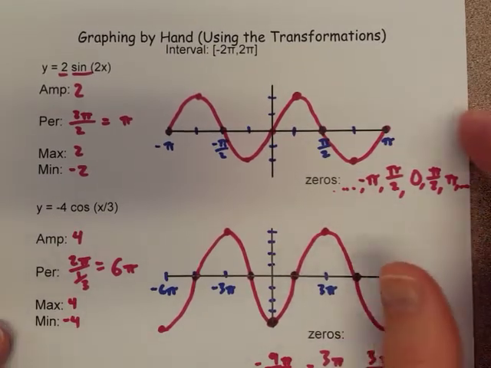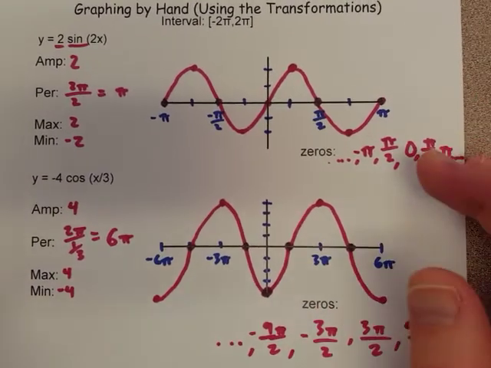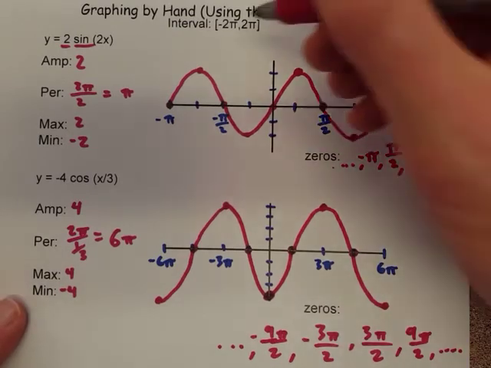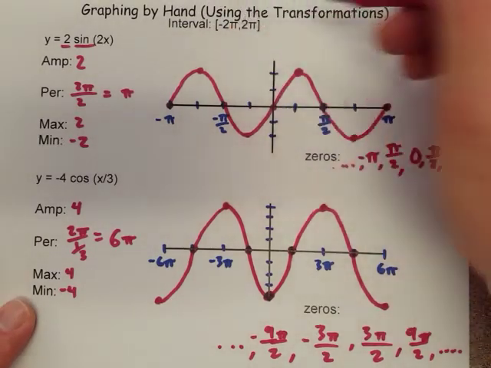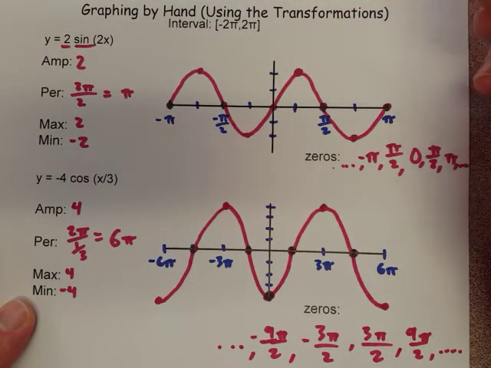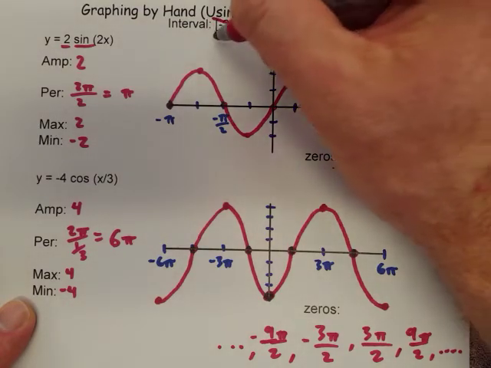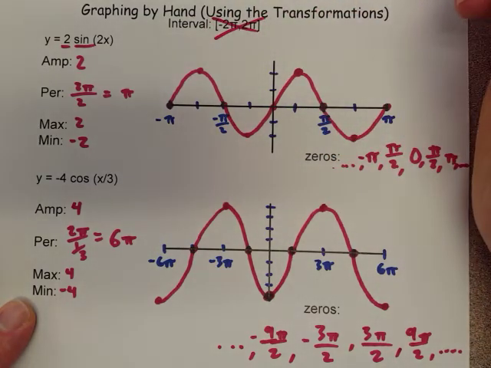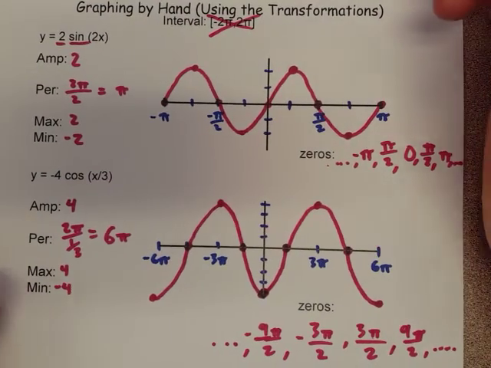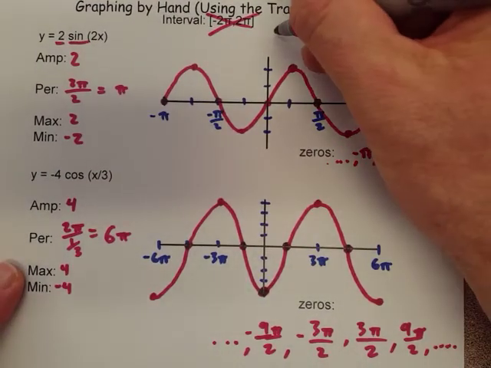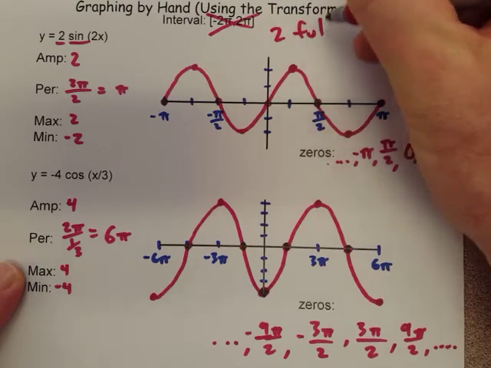The very last thing I'll say about this problem is that you'll notice it says an interval of negative 2 pi to 2 pi. Some of your problems in your assignment will do that, but I want you to ignore those directions. Here's what I want you to be graphing instead. I want you to be graphing 2 full periods.